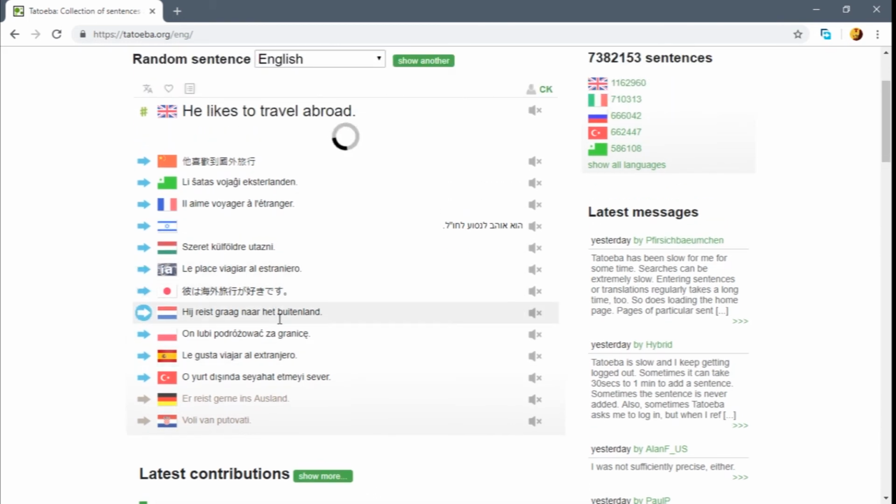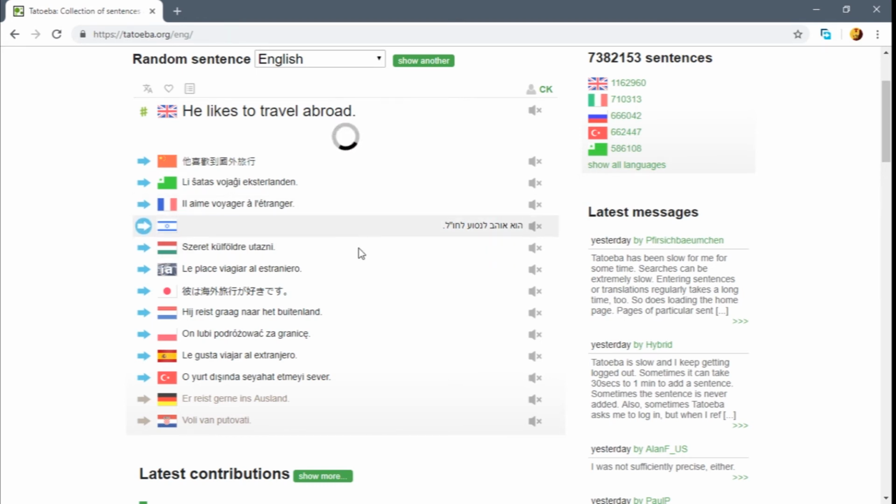Yeah, it's interesting. Can you guys notice how similar Portuguese and Spanish are? Let's take a look. Let's just wait until the website loads.